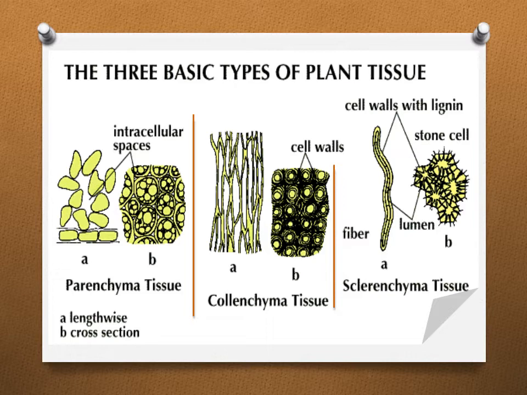The parenchyma tissue, which is thin-walled and living. Collenchyma tissue, these are thin-walled and living tissues, and these can be found in the cortical region of plants. Sclerenchyma tissue, these are dead tissues when they attain their maturity.